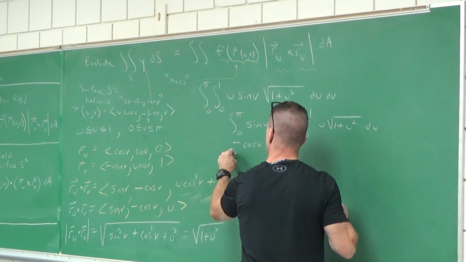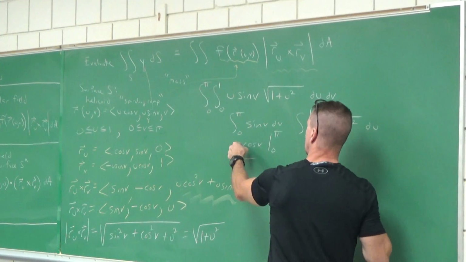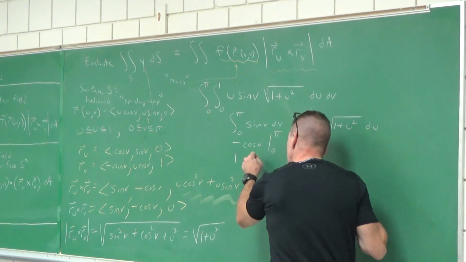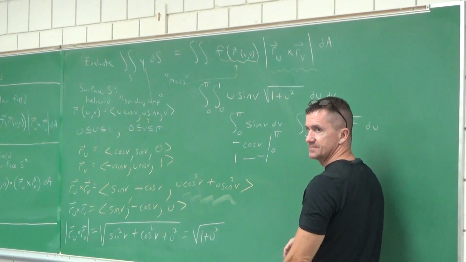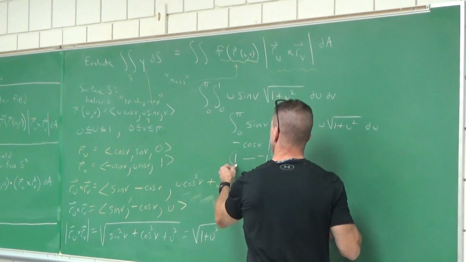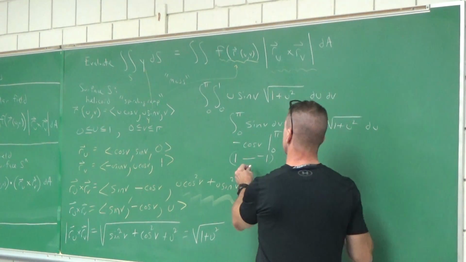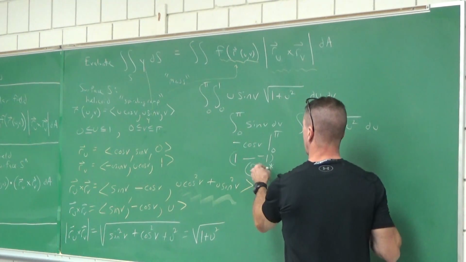Negative 1. 1 minus, what's negative cos of 0? So I'm getting 1 minus negative 1 on that, which is 2. And we'll just take this 2 and we will multiply it with this.